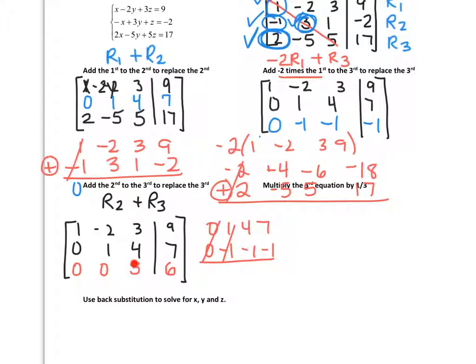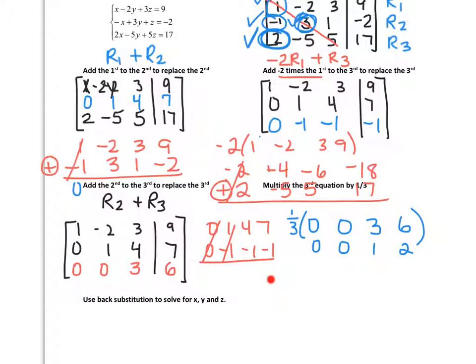Now the last thing is that this 3 needs to turn into a 1. So the only way to do that is by multiplying this equation by 1/3. So I have 0, 0, 3, 6, and I'm going to multiply that by 1/3. So I have a 0, 0, 1, 2. That is what's going to replace my third equation.